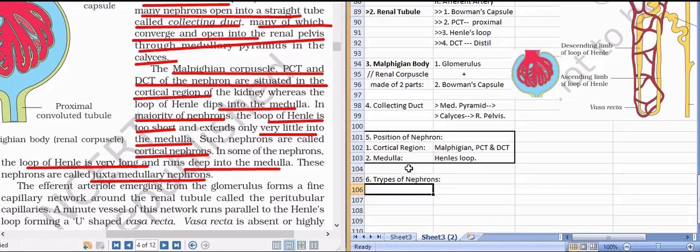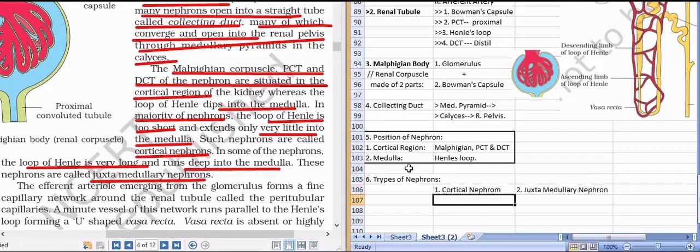We have already seen this. First is the cortical nephron, second is the juxtamedullary nephron. These two we have to understand.